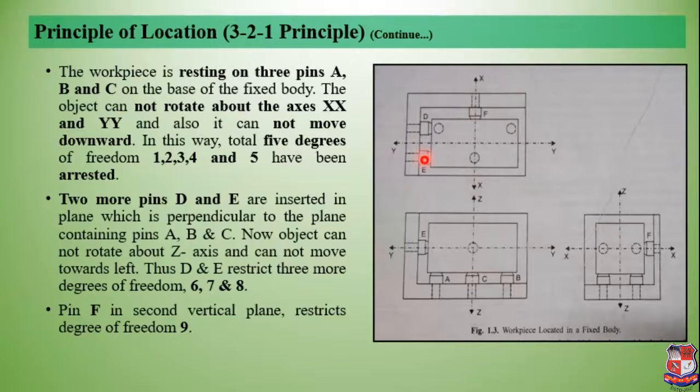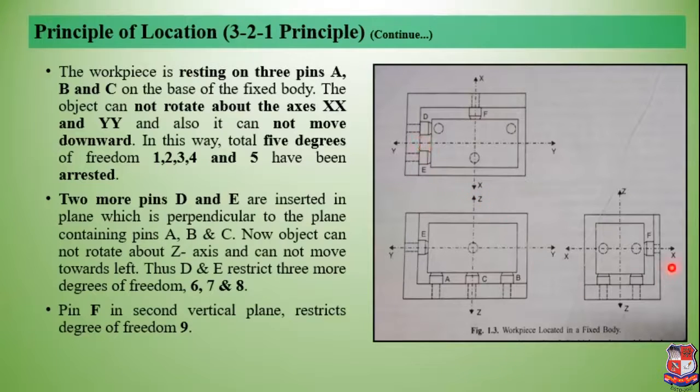Thus we can say that pin number D and pin number E restrict 3 more degrees of freedom, right? And which are these degrees of freedom? Number 6, 7 and 8, right?